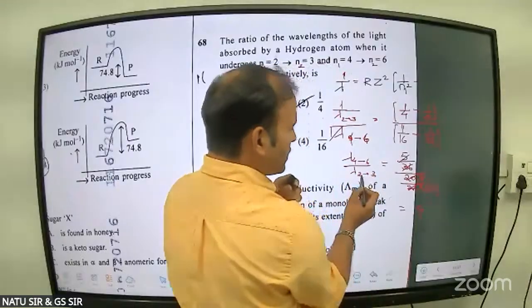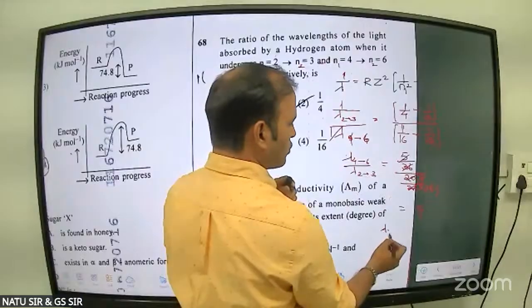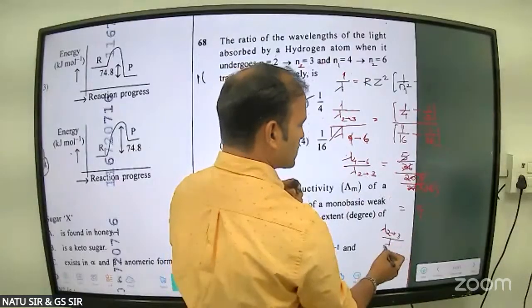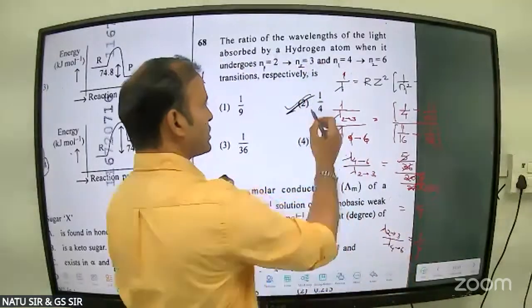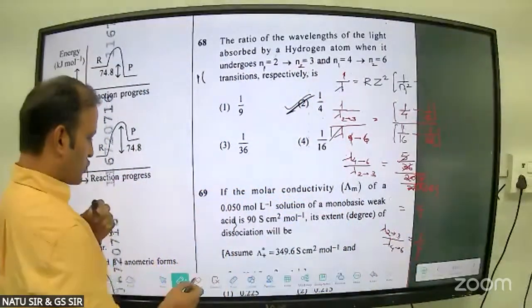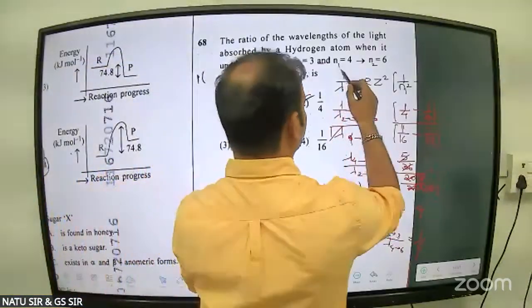So अब हमें जो चाहिए रेशियो दोनों का रेशियो, this upon this, so lambda 2 to 3 to lambda 4 to 6 is going to be 1 upon 4. That means the answer 2 is correct. So ये था question number 68, अब हम आगे करते हैं question number 69.